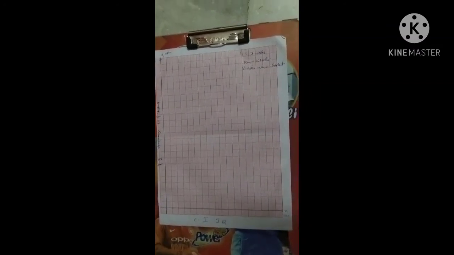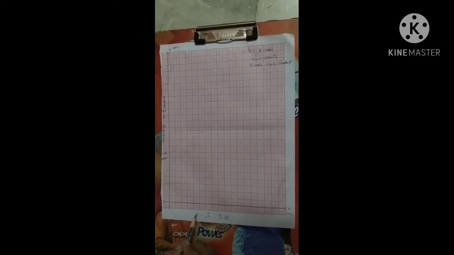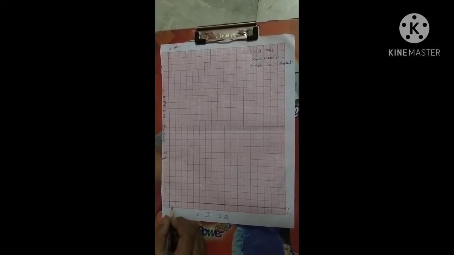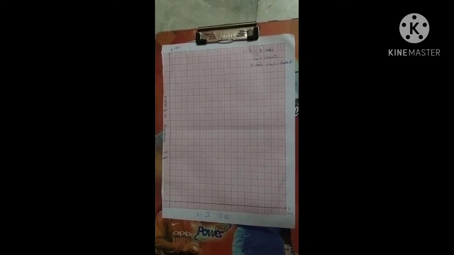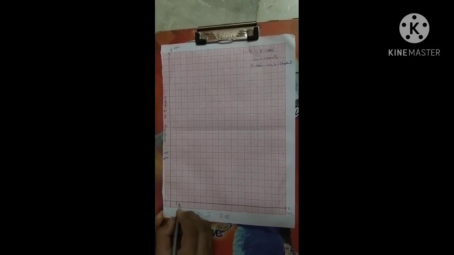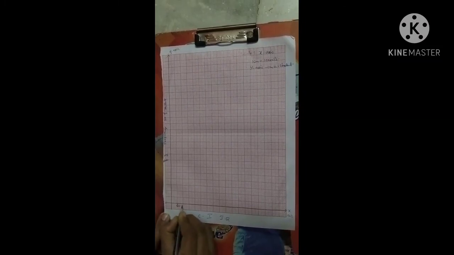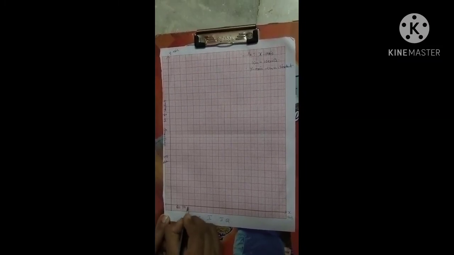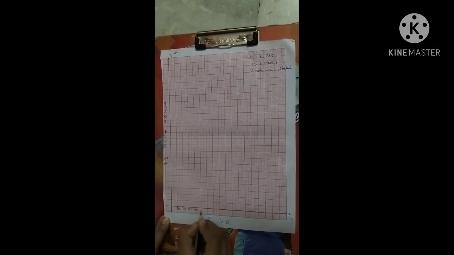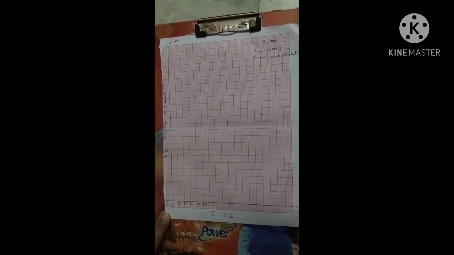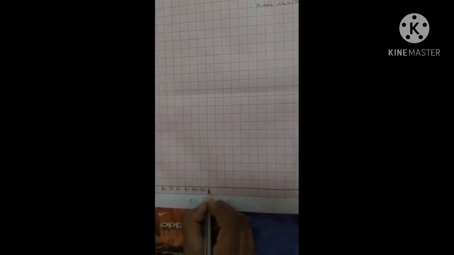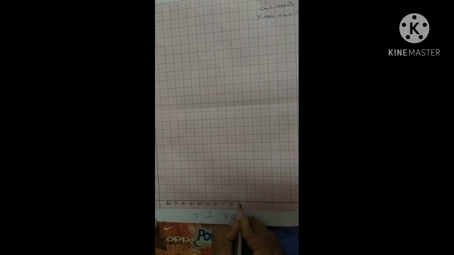So on the x-axis we have to take the class interval, that is the intelligent quotient. Starting with 60 onwards: 60, next 70, 80, 90, 100, 110, 120, 130, 140, 150.